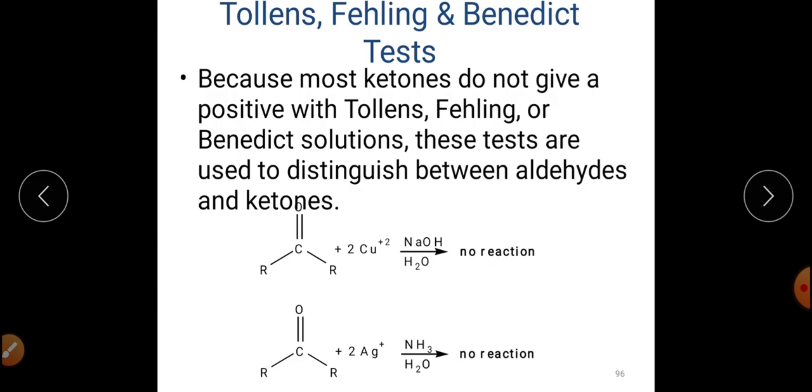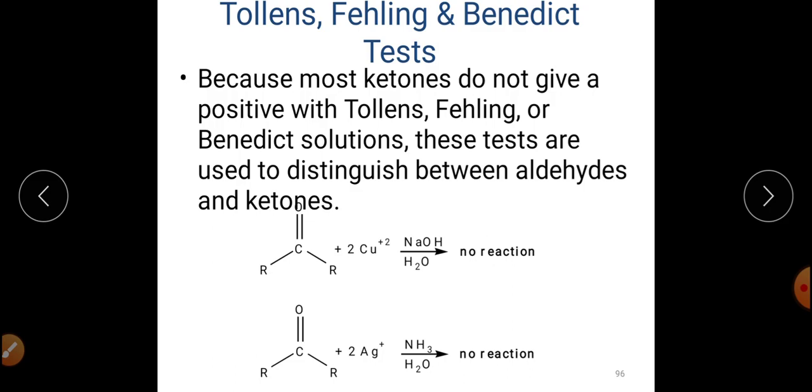When a compound contains a C=O moiety, it reacts with 2,4-DNP and forms an orange or red colored precipitate of 2,4-dinitrophenylhydrazone. The appearance of a red precipitate indicates the presence of a C=O group in the unknown organic compound.